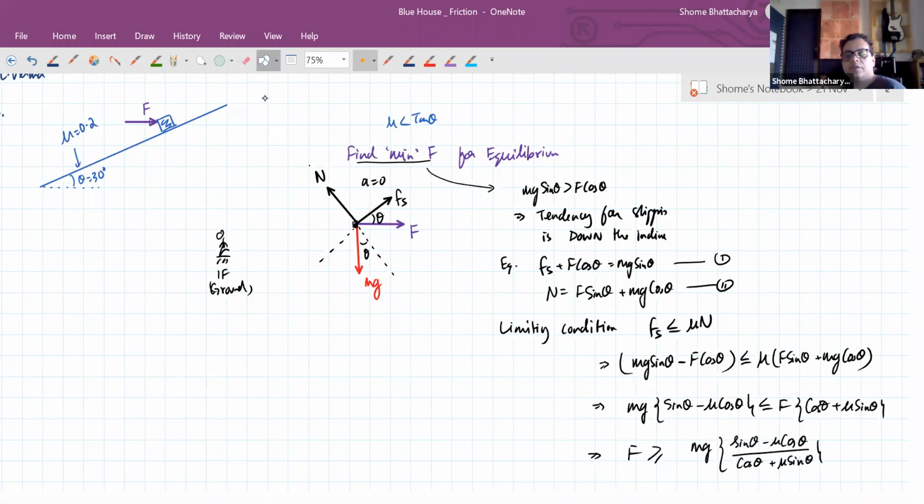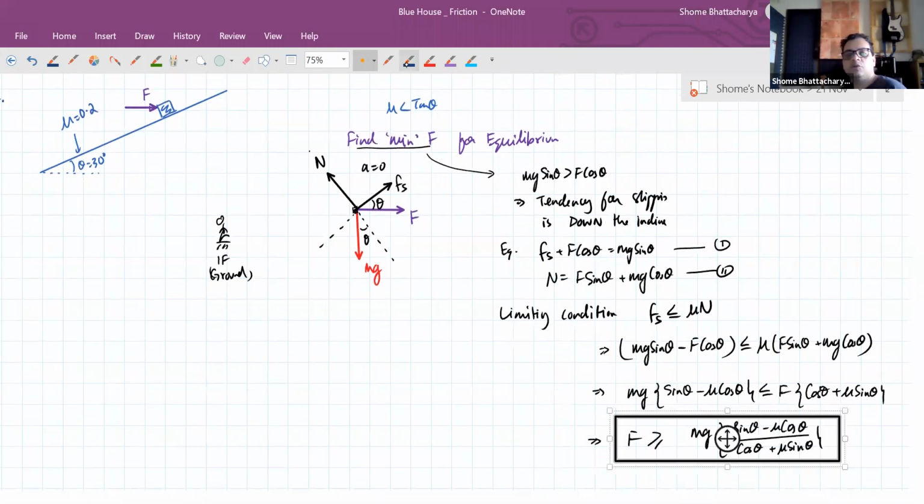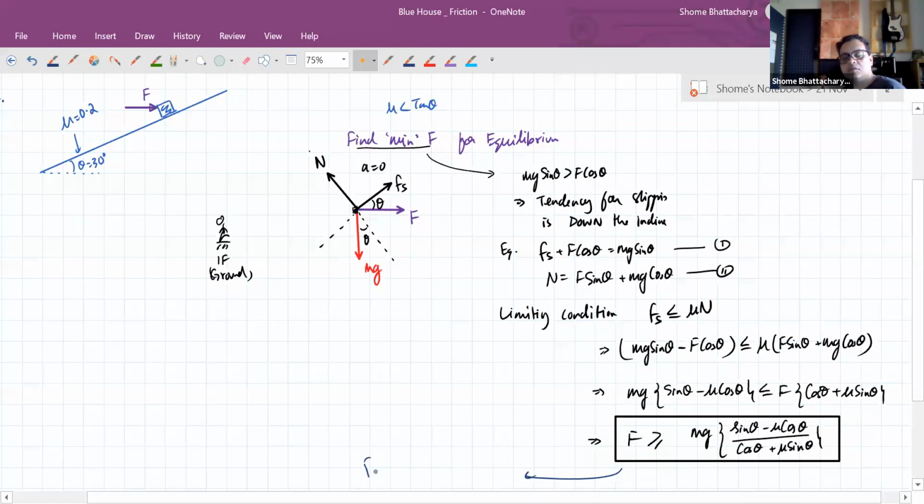So from this only you get your limiting condition. So the minimum amount of force you have to apply, from this you can see, is mg times this, and this becomes your answer.